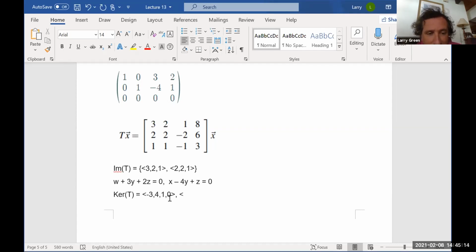And if I do that, W is negative 2, X is going to be negative 1, Y is 0, Z is 1. And we've now found a basis for the kernel of our transformation. Any questions on this?